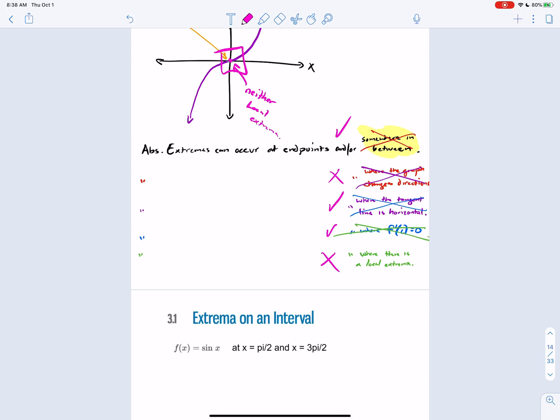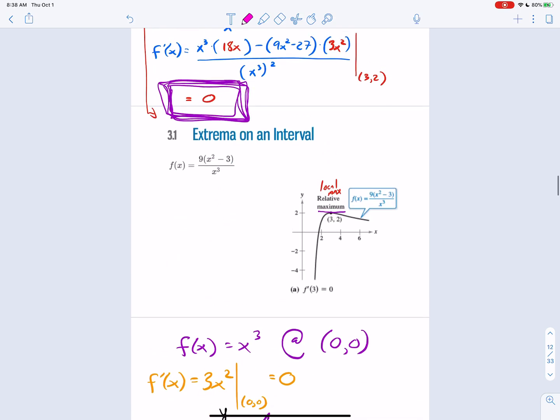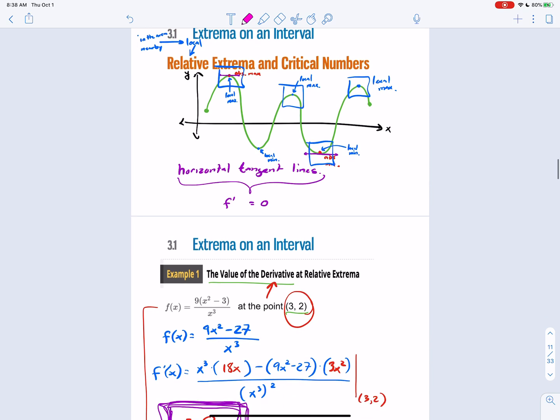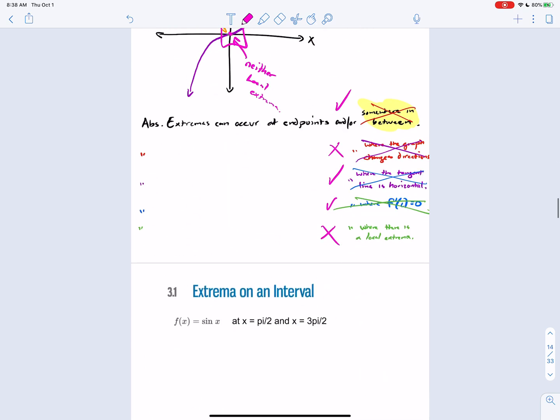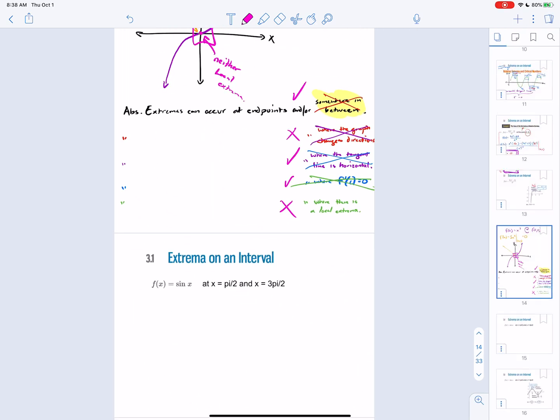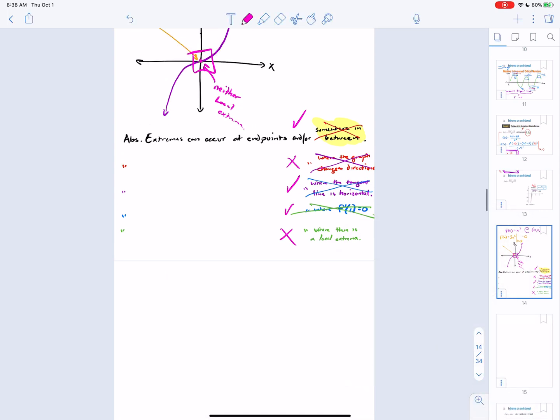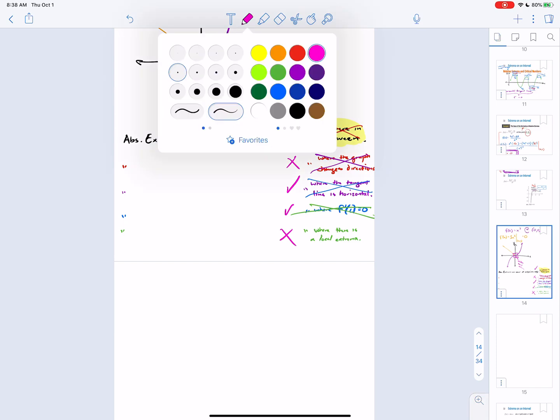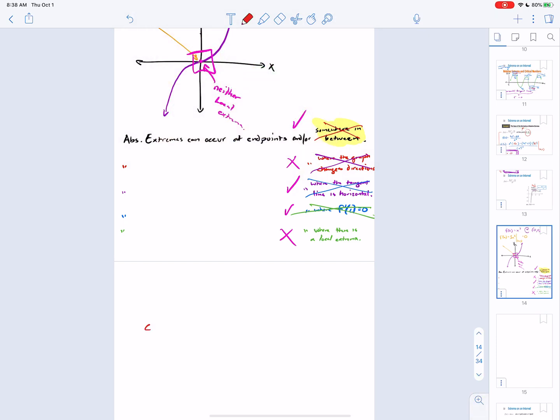Okay, so here's the thing. We have to go back and revise this a little bit more. I'll open up a new page. Here, we introduce something called a critical number.